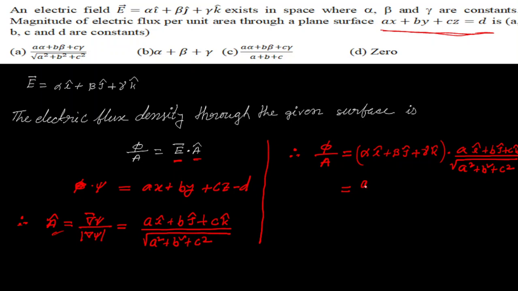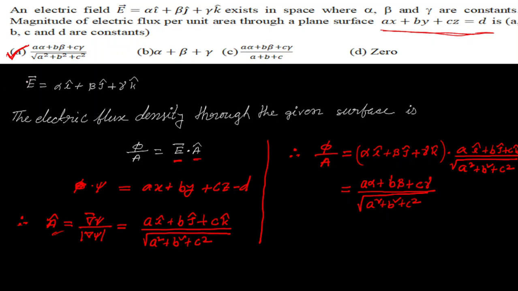So we get a alpha plus b beta plus c gamma divided by the square root of a squared plus b squared plus c squared. This will be the flux density through the given surface. Then the correct option will be option A.